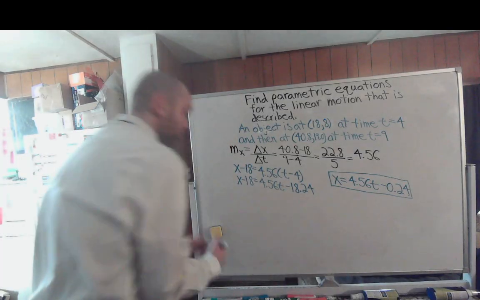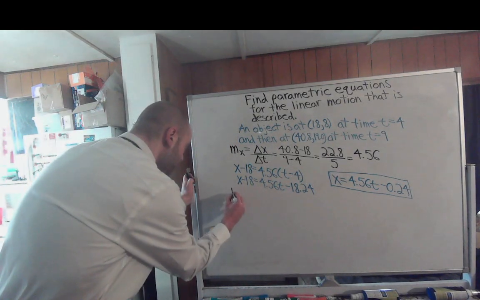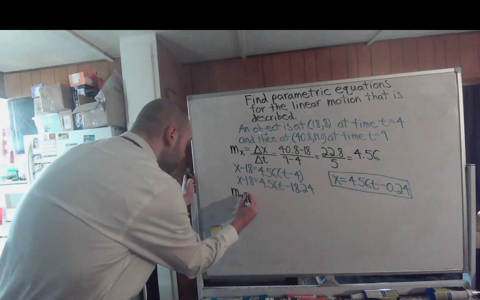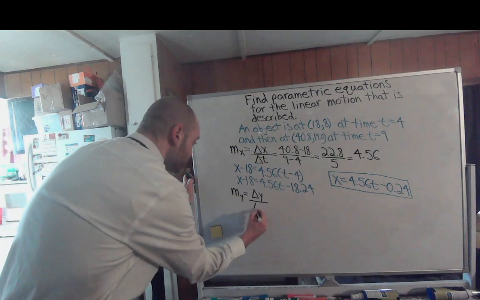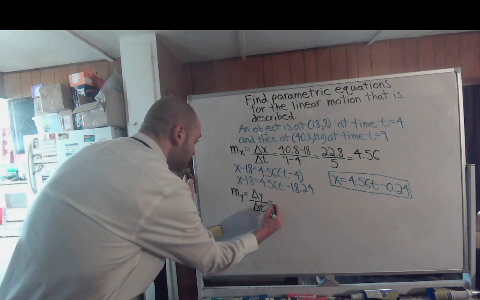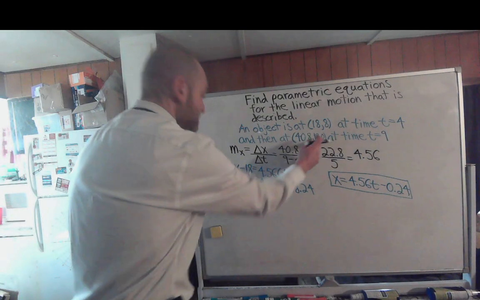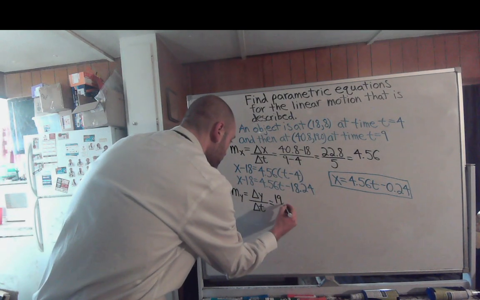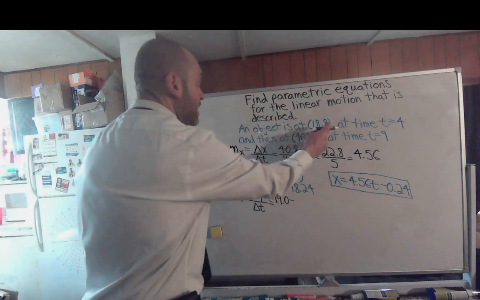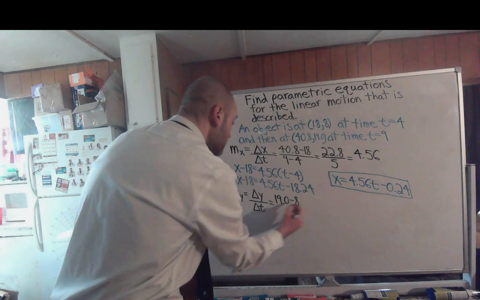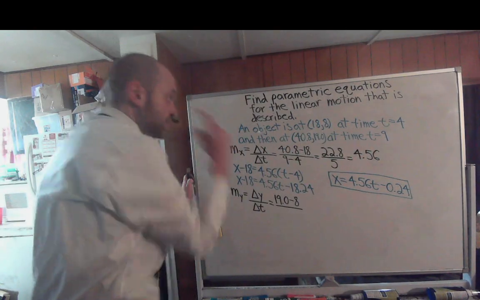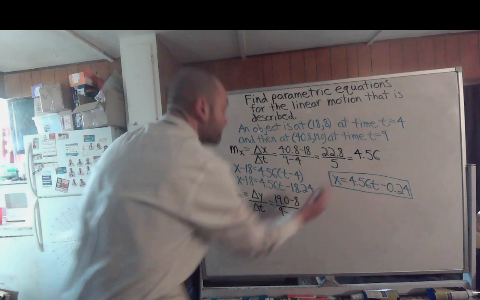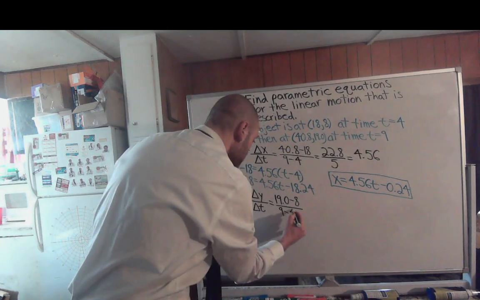Now let's find the slope of our y line. So m sub y would equal my change in y over my change in t. So let's see, y2 is 19.0 minus my y1 of 8, all over my second t of 9 minus my first t of 4.